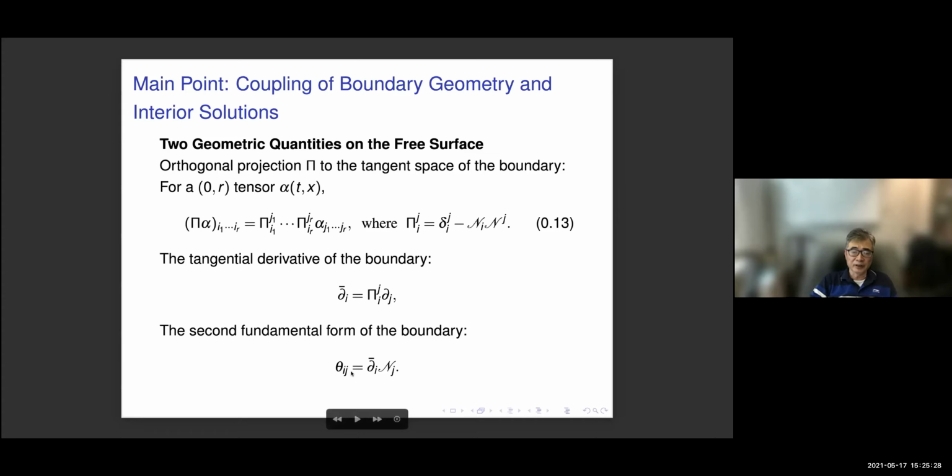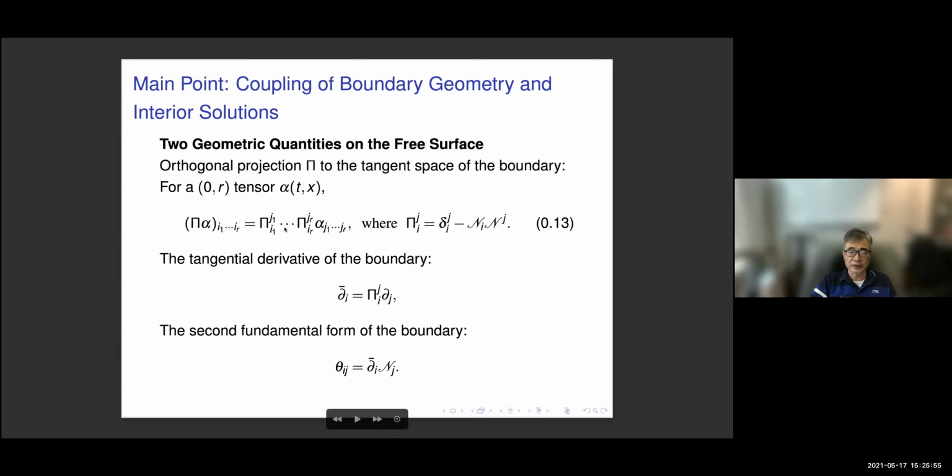So the second fundamental form is nothing but the tangential derivative of the unit normal n. Here pi is the orthogonal projection to the tangent space of the boundary, and the pi here is for a (0,r) tensor alpha.